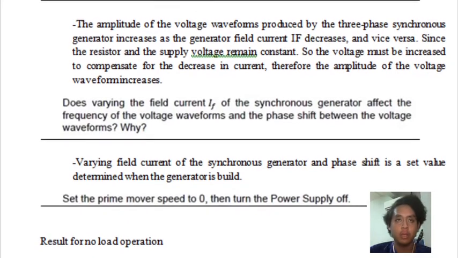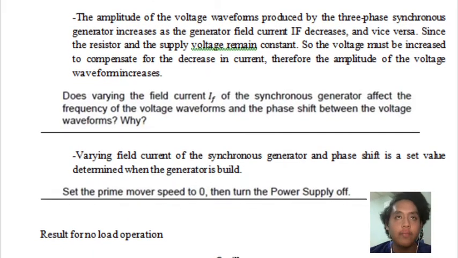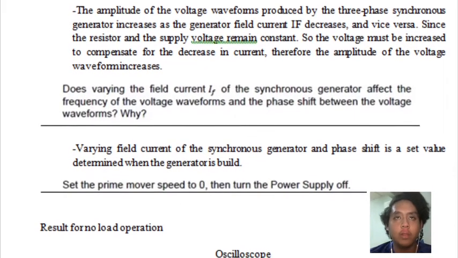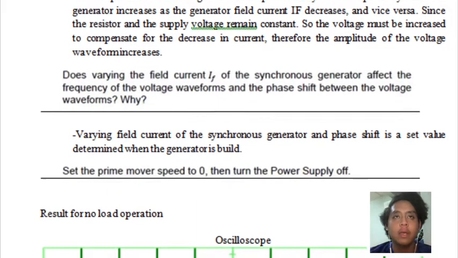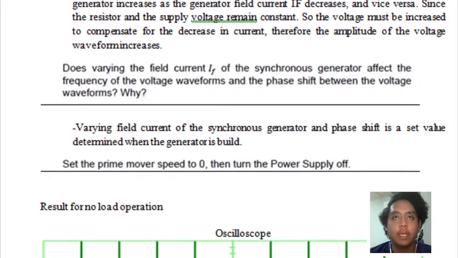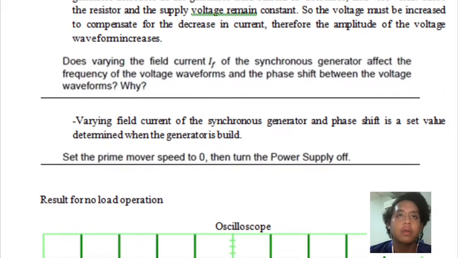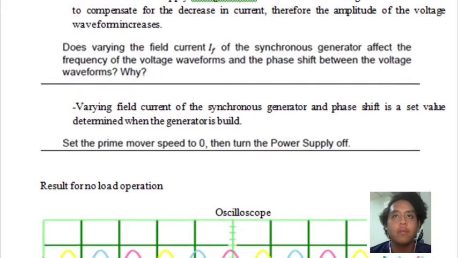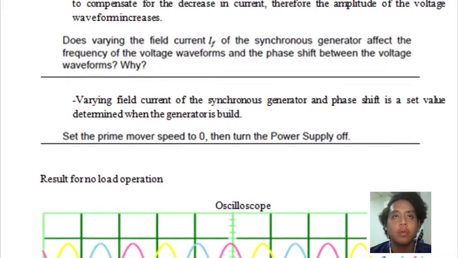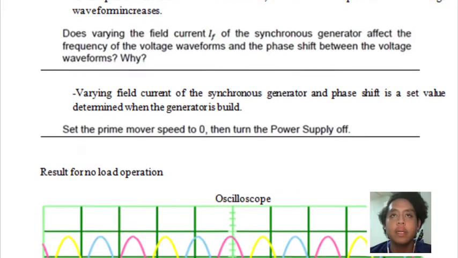Briefly explain why. So for the answer, the amplitude of the voltage waveform produced by the three-phase synchronous generator increases as the generator field current IF decreases and vice versa. Since the resistor and the supply voltage remain constant, the voltage must be increased to compensate for the decrease in current.